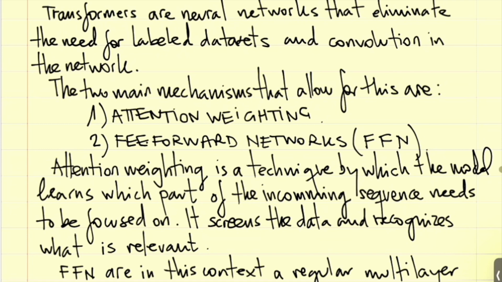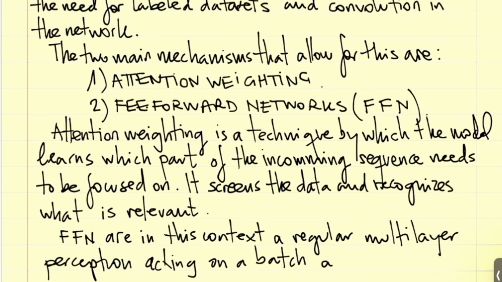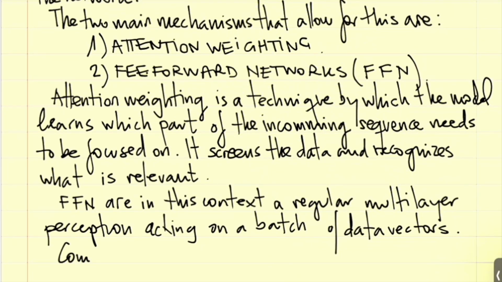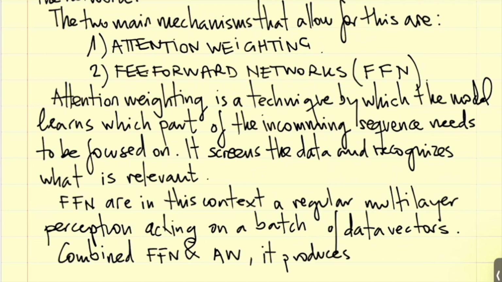Acting on a batch of data vectors. Combined, feed-forward networks and attention weighting produce a so-called position dimensioning. Okay?